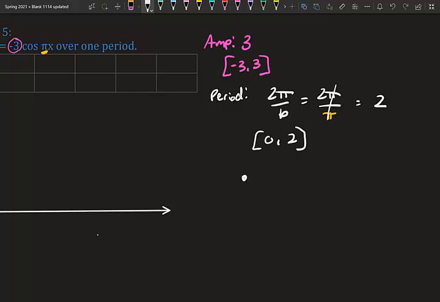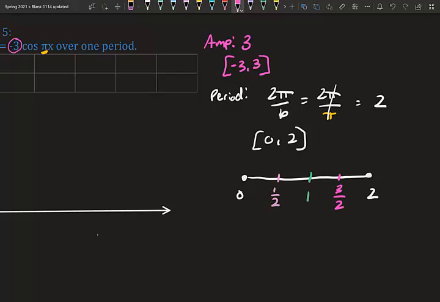Alright, let's find our intervals. We could actually do our intervals in our head. So we have 0 to 2. And then what's halfway between 0 and 2? 1. What's halfway between 0 and 1? 1/2. So if this is 1/2 and 1, then in between 1 and 2 is 3/2.